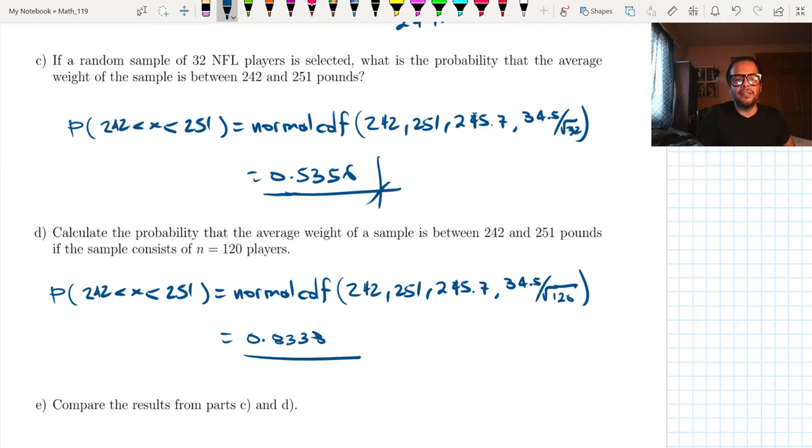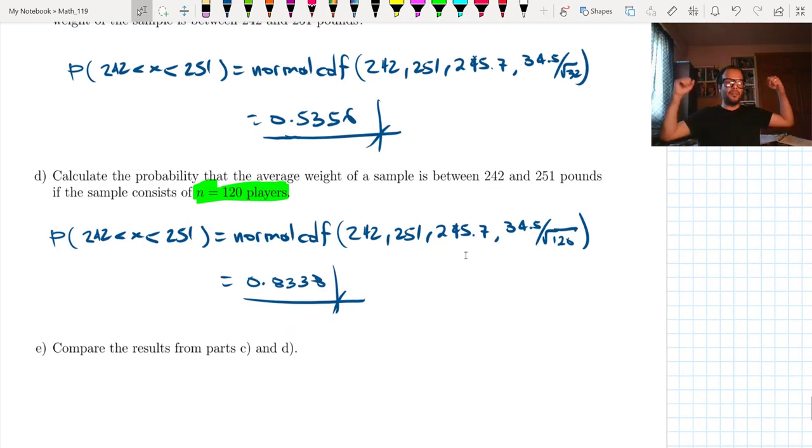Okay, let's compare and discuss this. So let's compare the probability when we have just 32 players and 120 players, and let's see what happens. Because our sample is larger, the probability is more likely to find someone whose weight is between 242 pounds and 251.